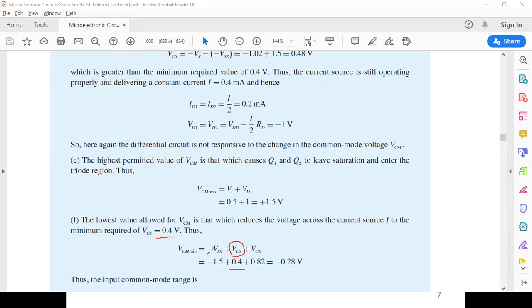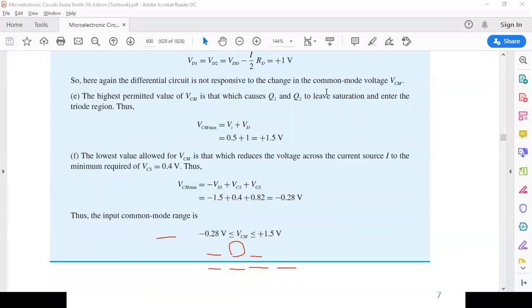So minus VSS, which is minus 1.5, plus the minimum value of VCS, which is 0.4, plus VGS, which we calculated before, 0.82. If you add these up, you end up with minus 0.28. So that means the VCM should be greater than this value here, negative 0.28, and less than plus 1.5 volt.